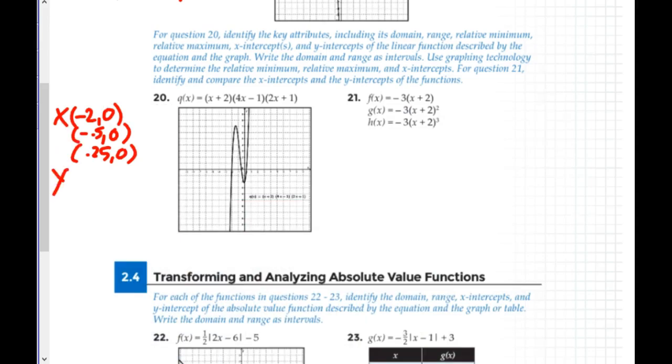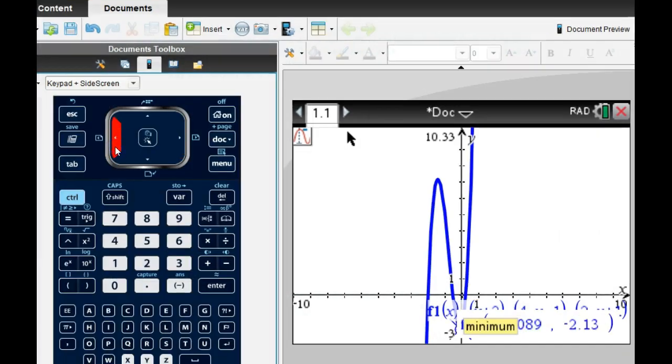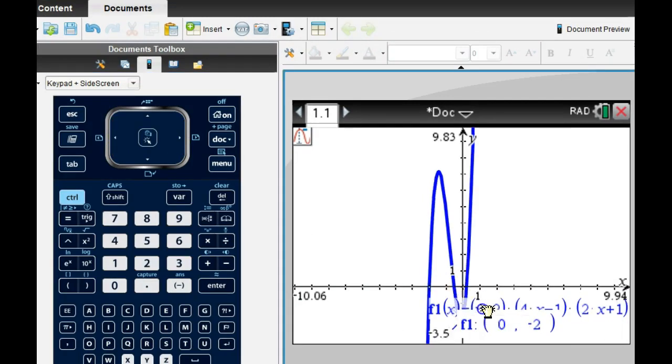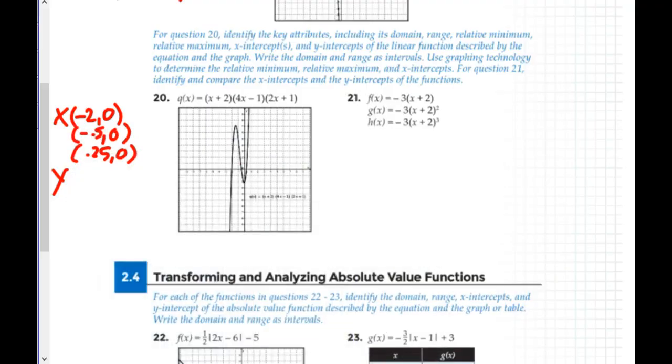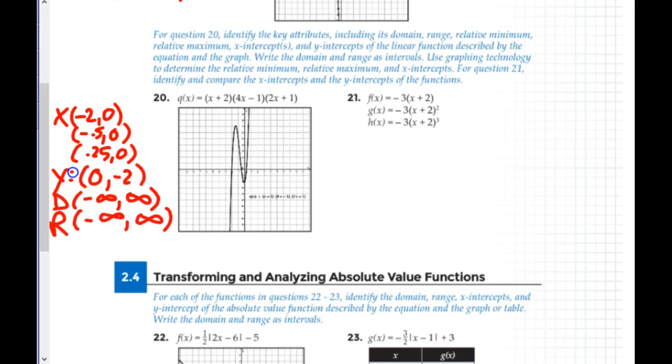Let's get that y-intercept. There it says y-intercept, (0, -2). And like we already know, domain is negative infinity to positive infinity. The range is negative infinity to positive infinity. Okay, so the local max.